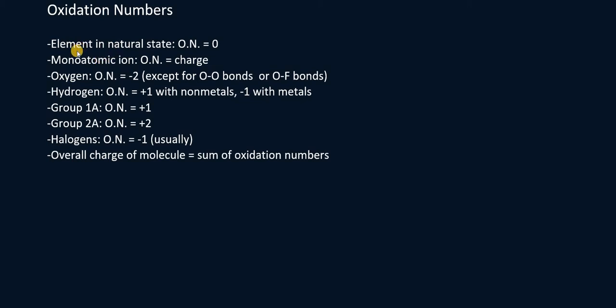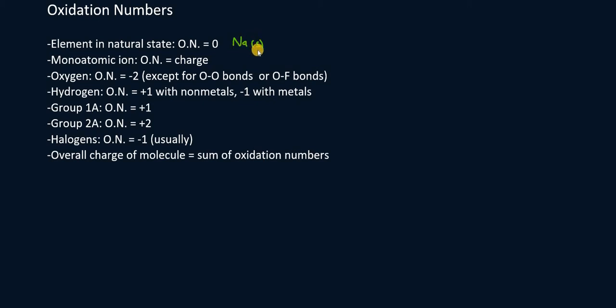So the first rule here: an element in its natural state is going to have an oxidation number equal to 0. So what do I mean by natural state? Well, an example of this would be solid sodium, Na(s), with no charge on it.